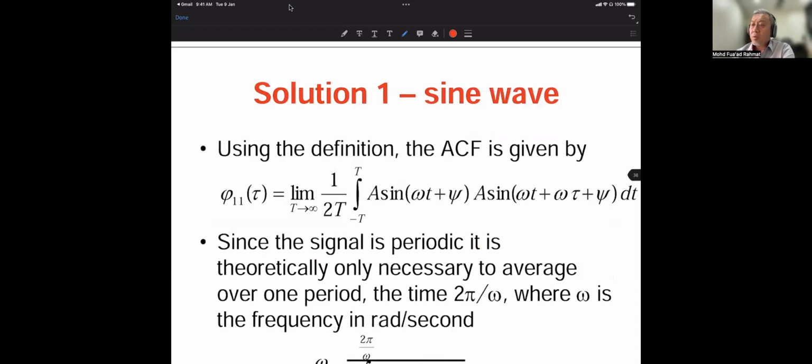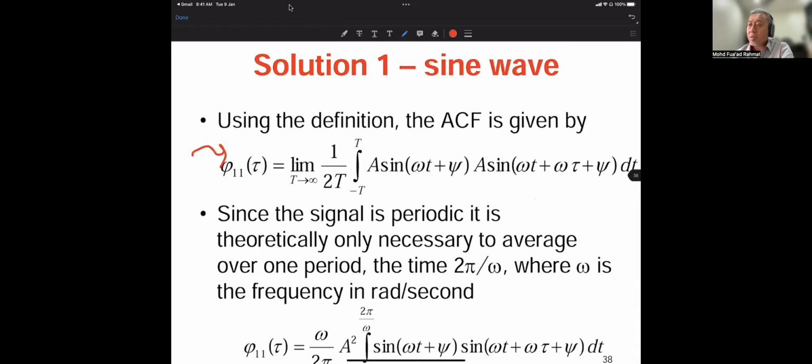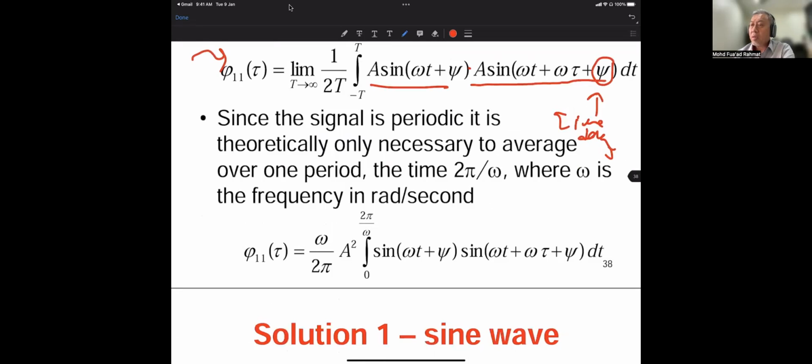So what we do is we apply the mathematical equations here: a sine omega t plus psi, multiplied by a sine omega t plus omega tau plus psi. So this is the time delay factor. Since the signal is periodic, it is theoretically only necessary to average over one period of time, 2 pi over omega, where omega is the frequency in radians per second.